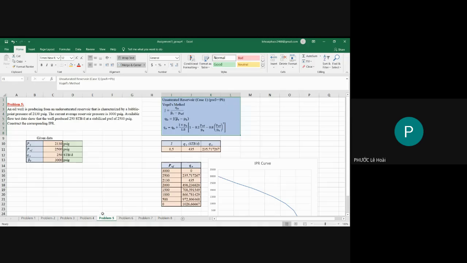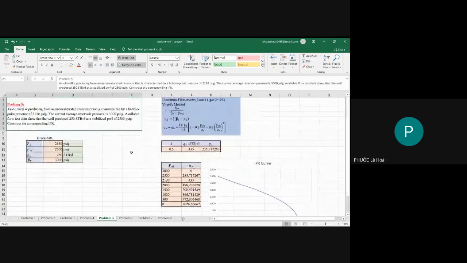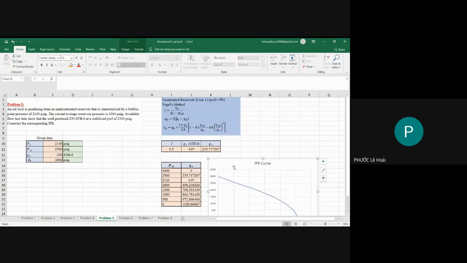Okay, on to problem 5. Problem 5 also wants us to plot the IPR curve, so we must have the bottom hole flowing pressure and the flow rate.